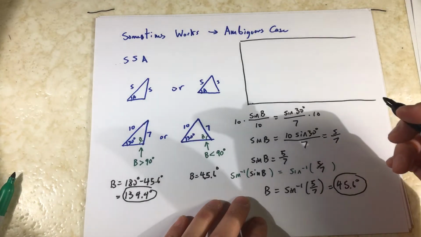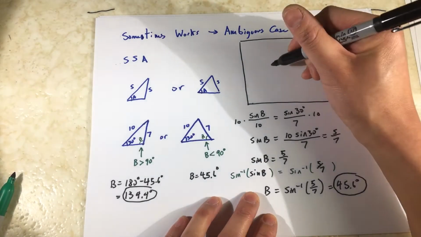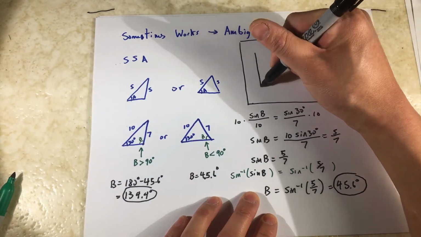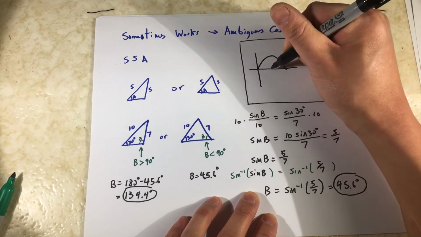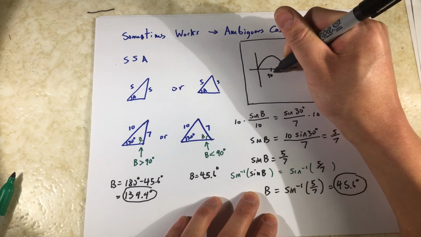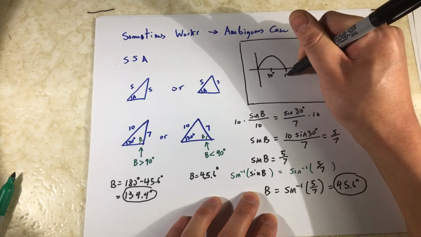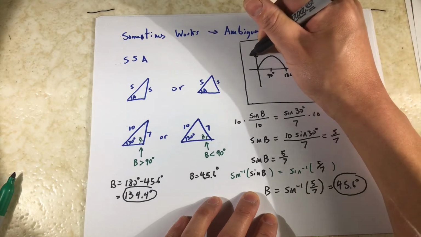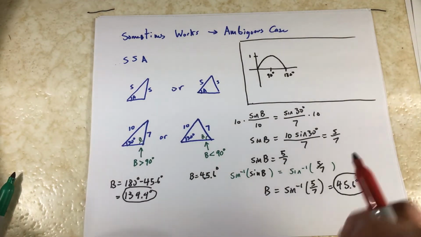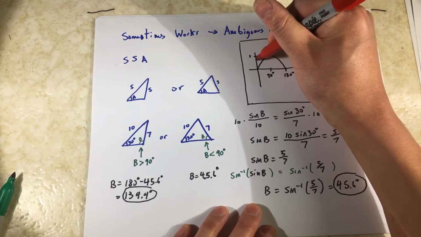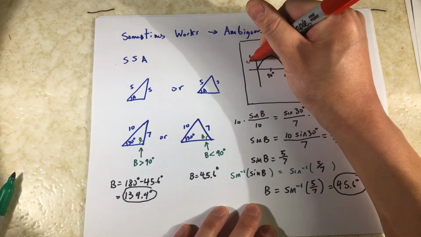But there's another solution that usually is farther away. If you remember, the sine function looks something like this, where this is 90 degrees and this is 180 degrees. The maximum value of the sine function is 1. Let's say we want a value over here, like 5/7.